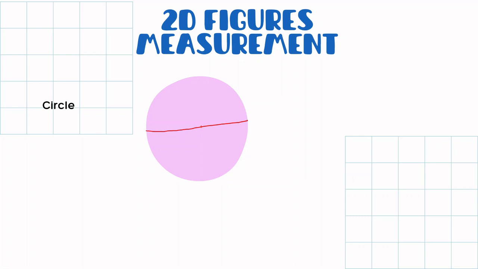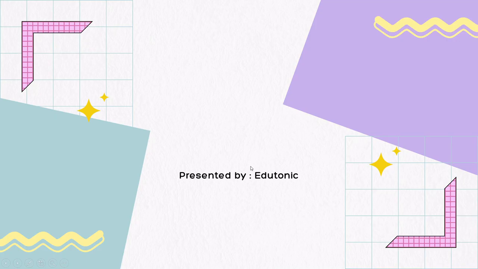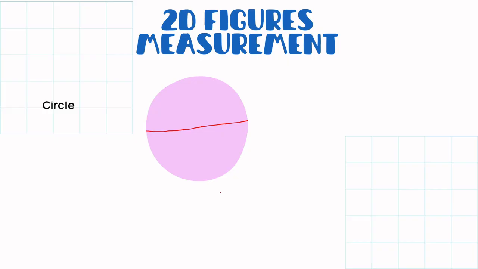Diameter is the maximum distance that can be drawn from one side to the other side of the circle. Here you can see the maximum distance of a straight line. This is the diameter and we can denote it as D.